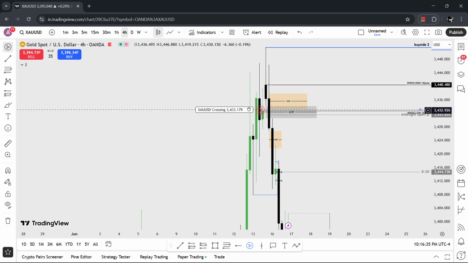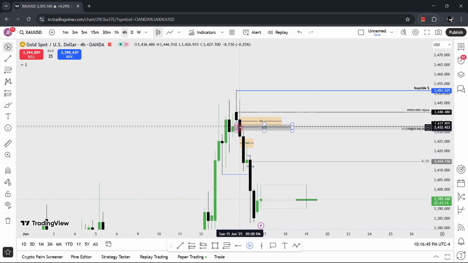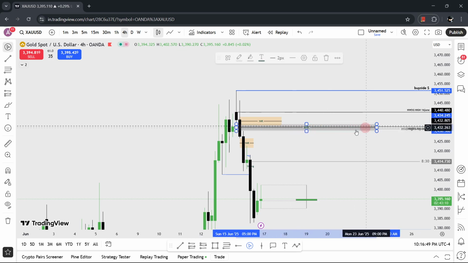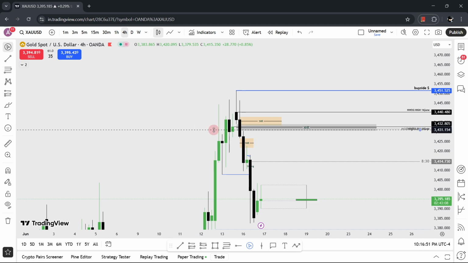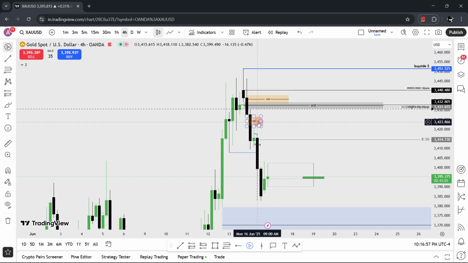So this becomes the new week opening gap. And we had one 4 hour fair value gap here, and we have another 4 hour here.